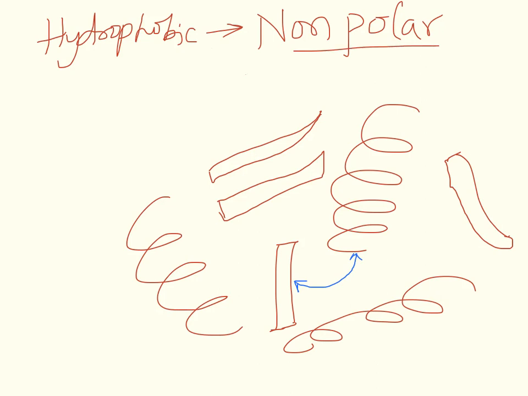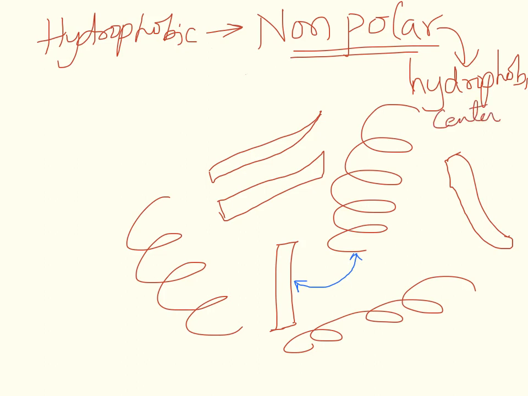All these non-polar groups are pushed away from the polar solvent. So they all interact together and they form the hydrophobic center of the protein. Okay, and they all are pushed away from the polar environment.